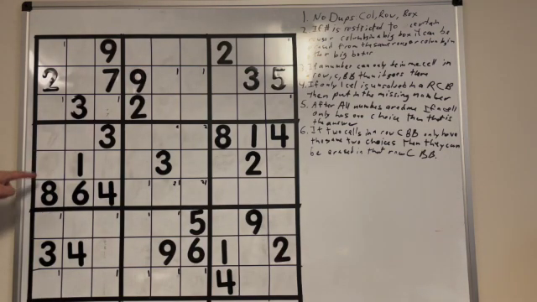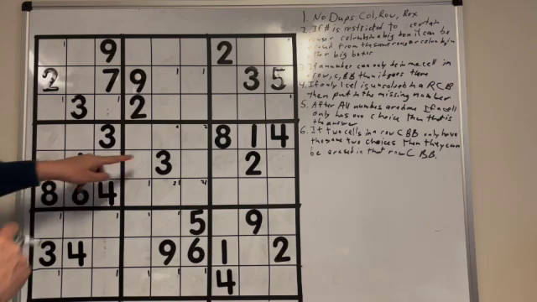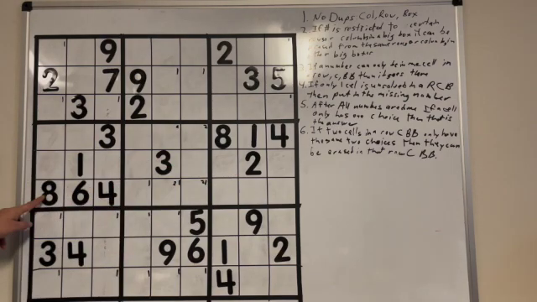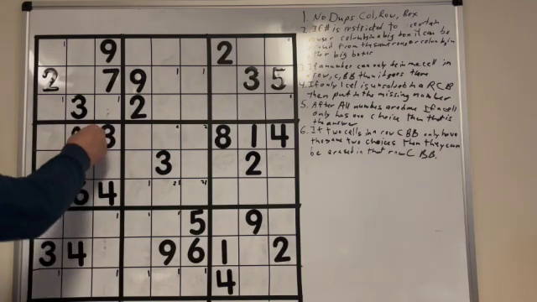How about this guy? 2s cannot go across the middle because of this 2 over here. They can't be across the bottom because the bottom is solved. And we have a 2 here. That means this is actually literally 2. Nice. That must have come because we solved something else. Maybe this 3 we solved. I can't remember.